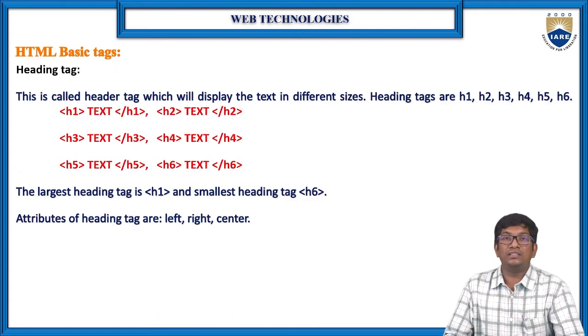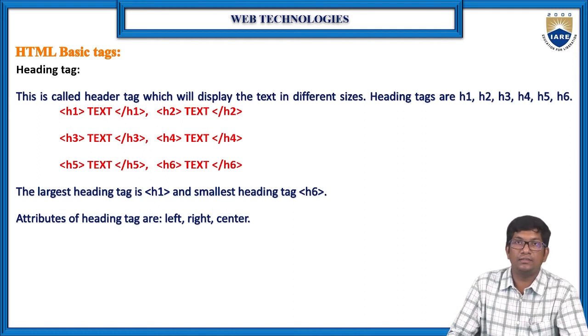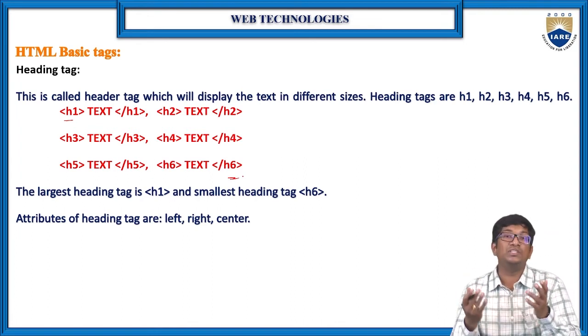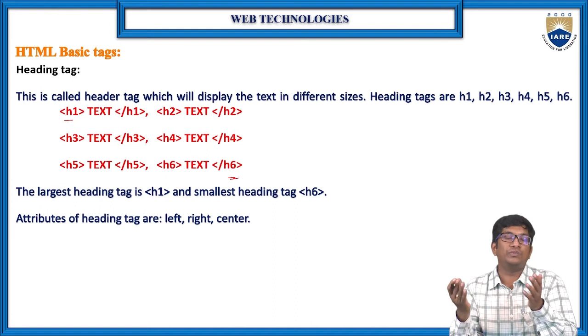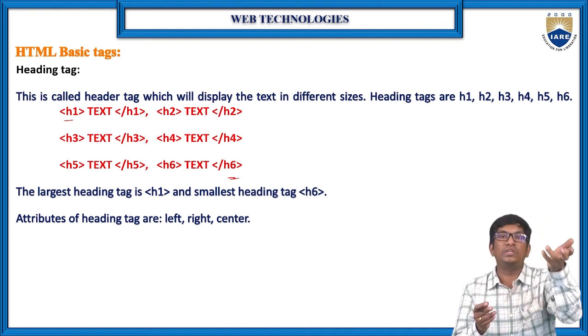Next, the text we can display in different sizes. Then you have to use the heading tag, that is the H tag. So H1 to H6 we can use based on the size you want to display. Suppose you are preparing a document like a thesis or notes, the heading must be in big size. Then you have to use H1.